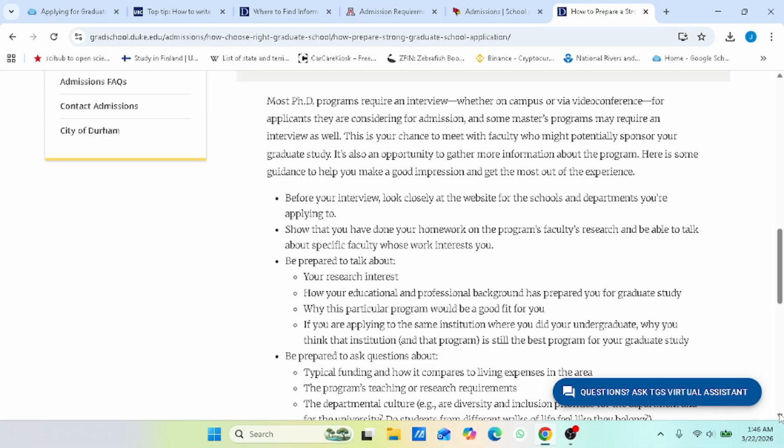Number two, show that you have done your homework on the program's faculty, the program's professors. Show that you've done your homework on the program's faculty research, and be able to talk about specific faculty whose work interests you. We keep on repeating this.